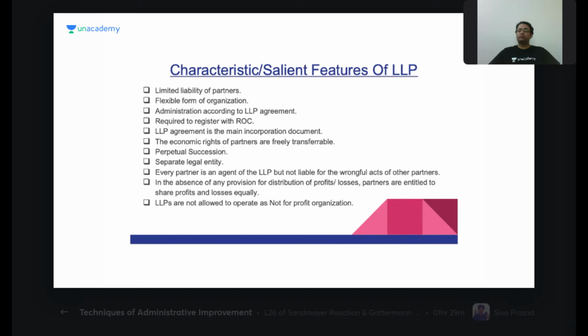Why do you think it does so? Any answers? Anyone? Works for welfare and runs on donations and grants. Okay, so what is the meaning of not-for-profit organization? Why is it so important?